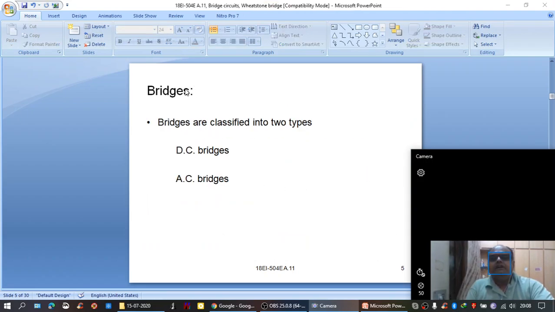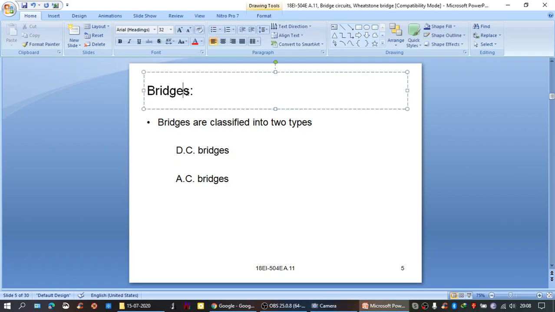Bridge circuits are classified into two categories.